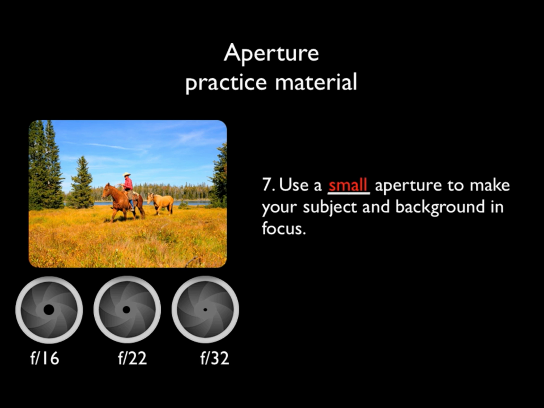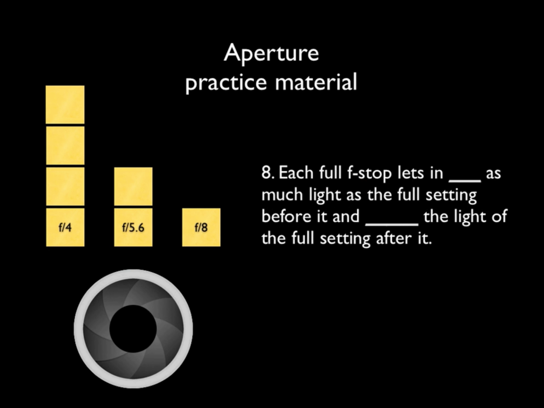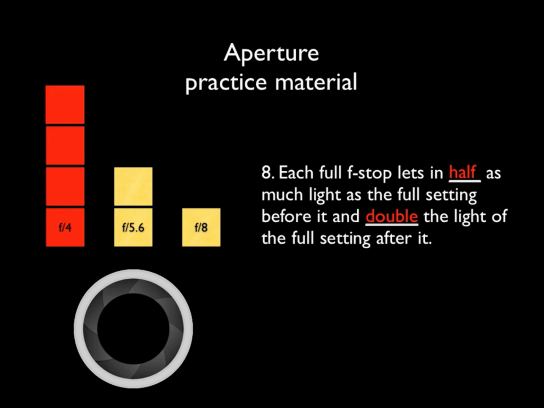Use a small aperture to make your subject and background in focus. Number 8. Each full f-stop lets in half as much light as the full setting before it and double the light of the full setting after it.